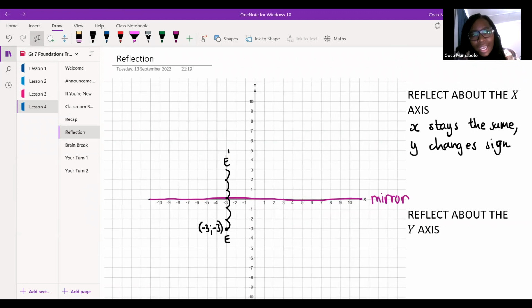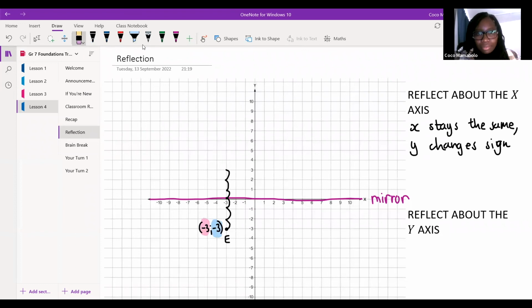Okay, do you guys see how we did that? Now my value for E prime is going to be -3 and 3. And you guys will notice that my X values stay the same and my Y values change sign. That one is -3, that one is +3.